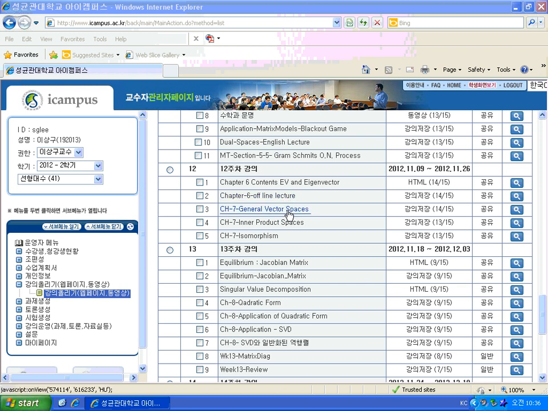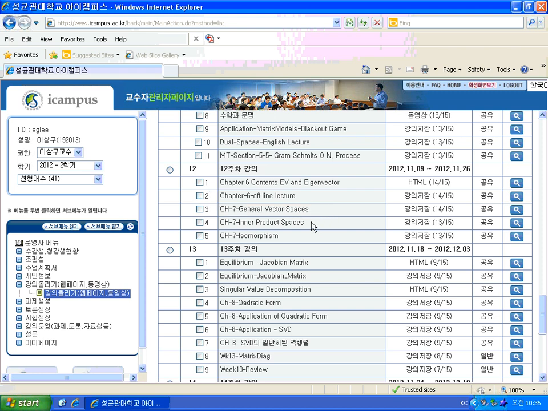And on chapter 7, we have covered the general vector spaces, which is the real vector space from the basic knowledge of vector spaces over the real field. In chapter 7, you have gone through most of the similar knowledge of the vector space over the complex field.